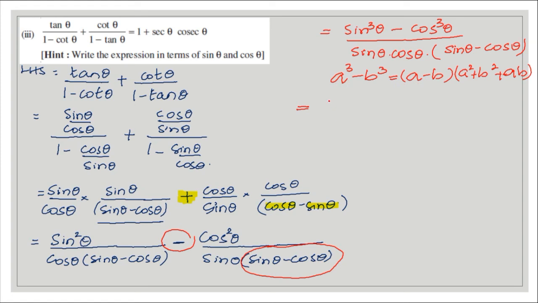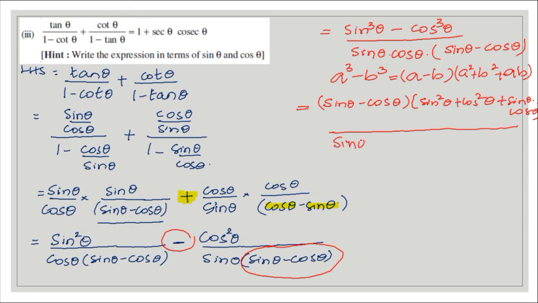We get sin theta minus cos theta into sin square theta plus cos square theta plus sin theta cos theta. The denominator is sin theta into cos theta multiplied to sin theta minus cos theta.